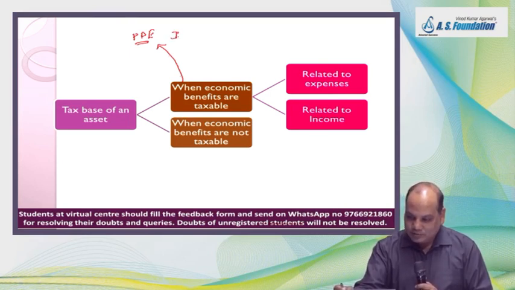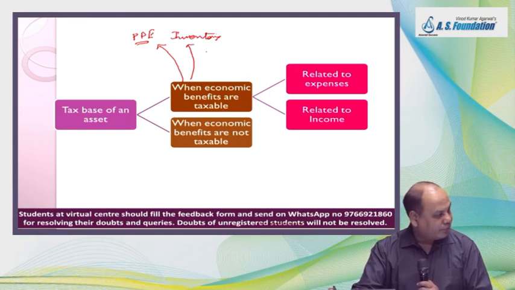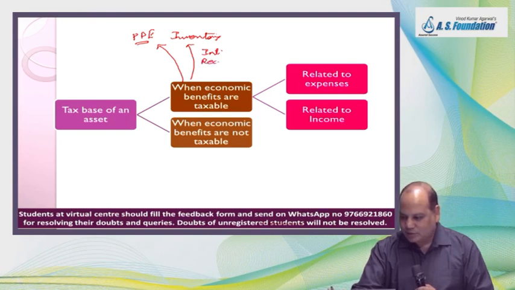Or inventory, when you sell them you generate income. Or say for example, interest receivable, rent receivable; these are taxable economic benefits. And economic benefits are not taxable means, for example, debtors.